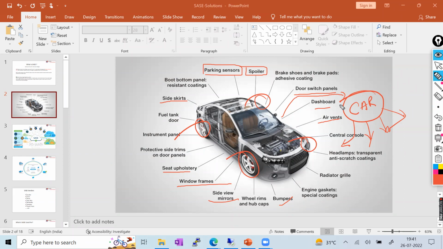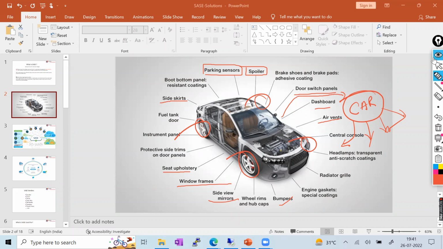It's your need, it's your choice: how much luxury you want, how much money you have, how many features you want inside the car. If you have more money, probably you buy an Audi. If you have less money, probably you go for a low-segment car like Maruti or Hyundai. But you have to compromise on the features, right?